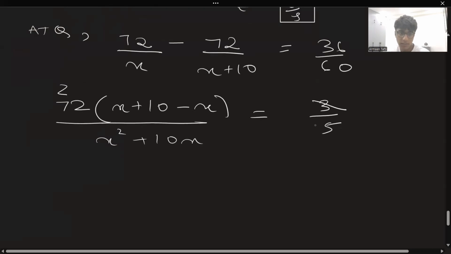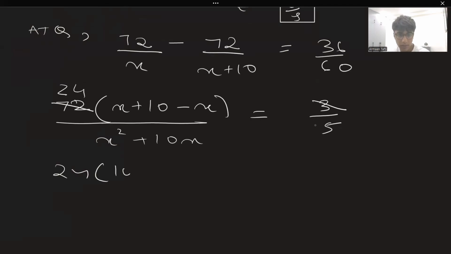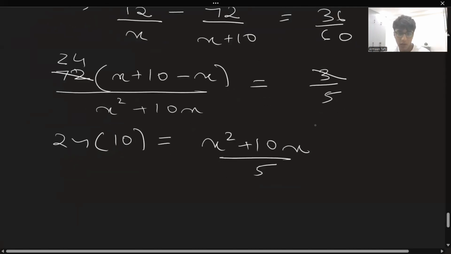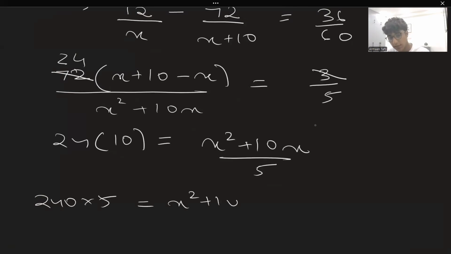So it's 24 times 10 is equal to x square plus 10x over 5. Now we have 240 into 5 is equal to x square plus 10x.